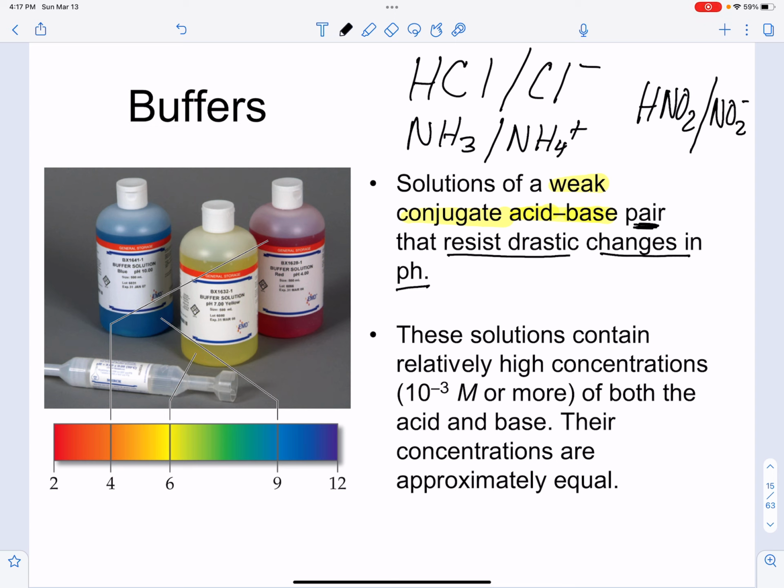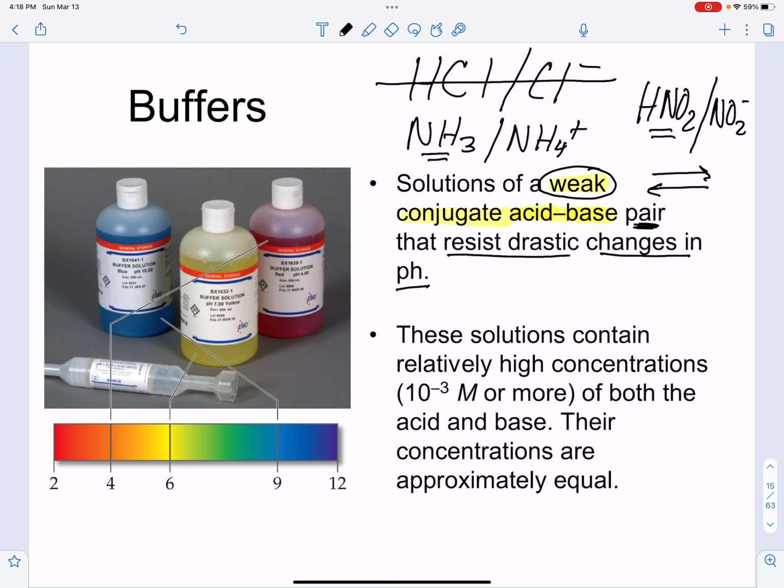However, it also says weak. Why weak? Because weak establishes an equilibrium. So it has to be an equilibrium system. So that wouldn't be what we're looking for. HCl is a strong acid. Ammonia is a weak base, so that will work. Nitrous acid is a weak acid, so that will work.